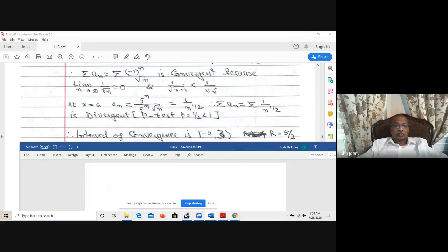You have to use the comparison test and the p-test. So yeah, this part of the proof has a small mistake.